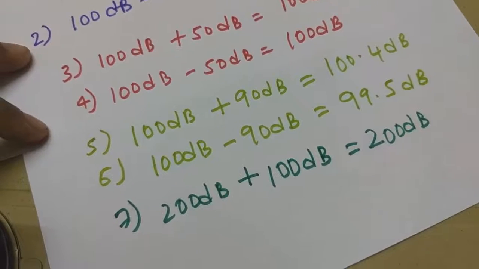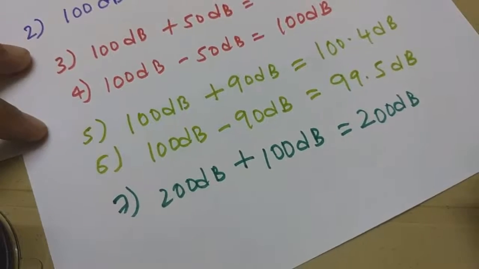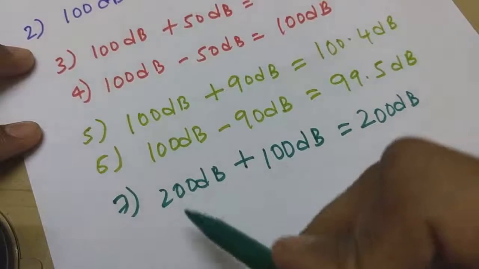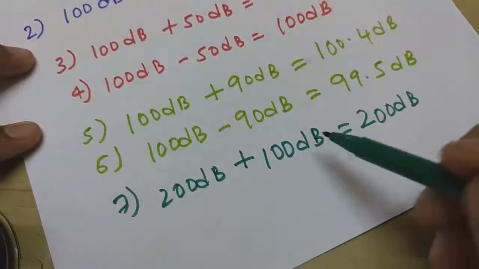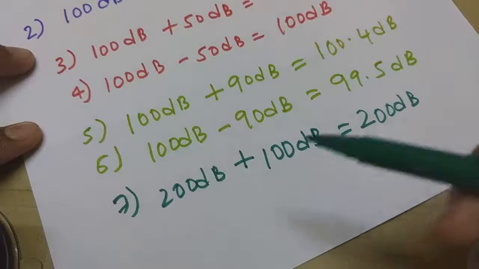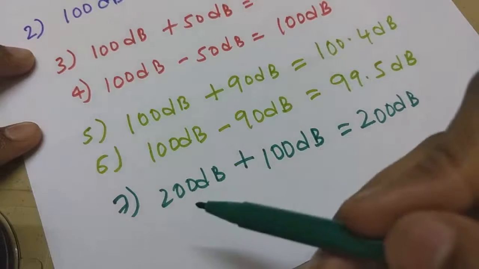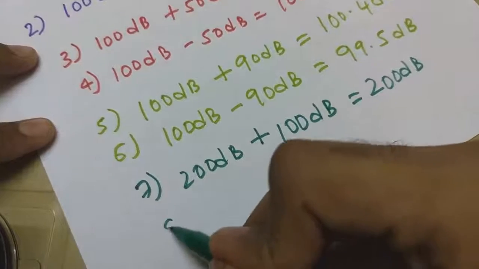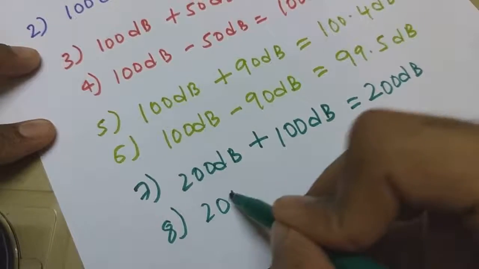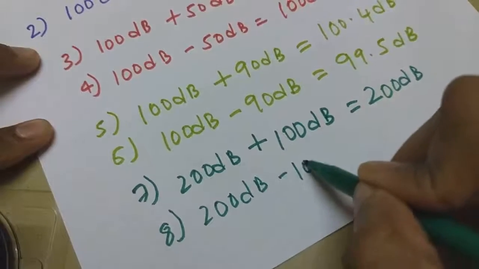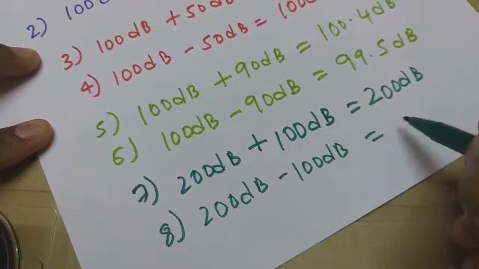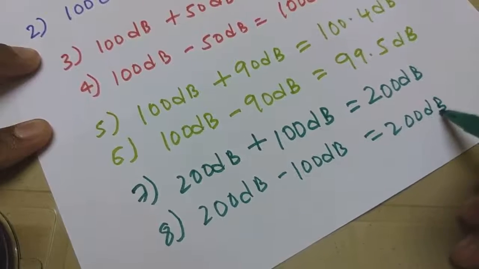If you think practically, it still holds true, because if you have a rocket launch and someone's playing a rock concert, you're definitely not going to hear the rock concert, you're just going to hear the rocket launch. The same applies with the negative symbol as well. So 200 dB minus 100 dB is still 200 dB, no change.